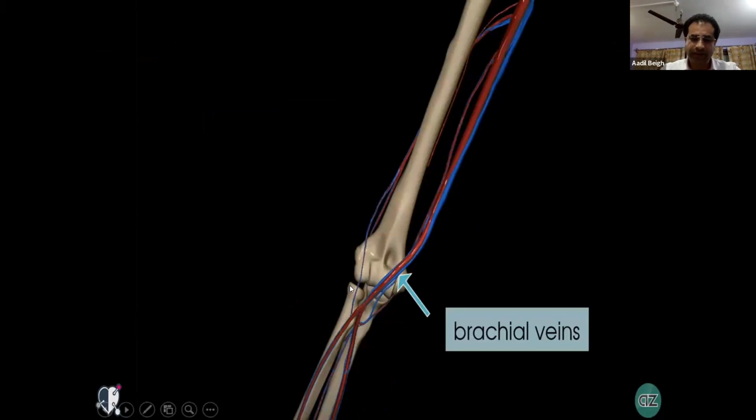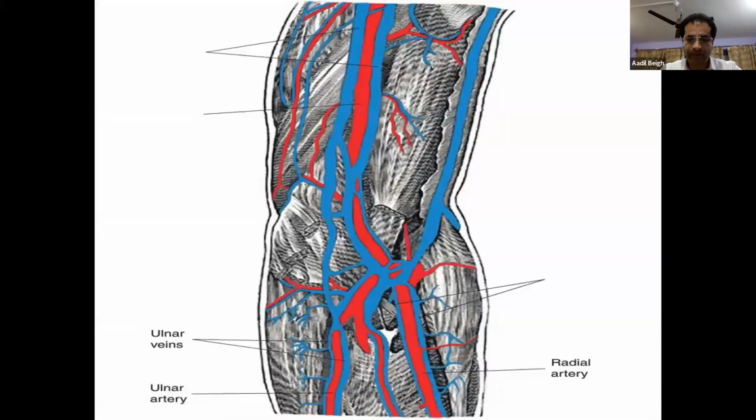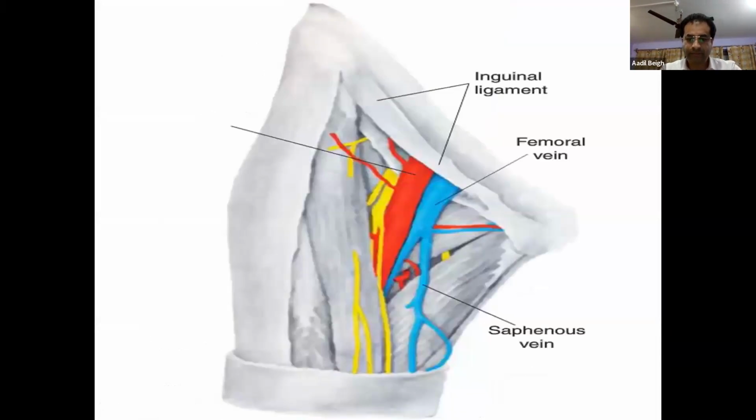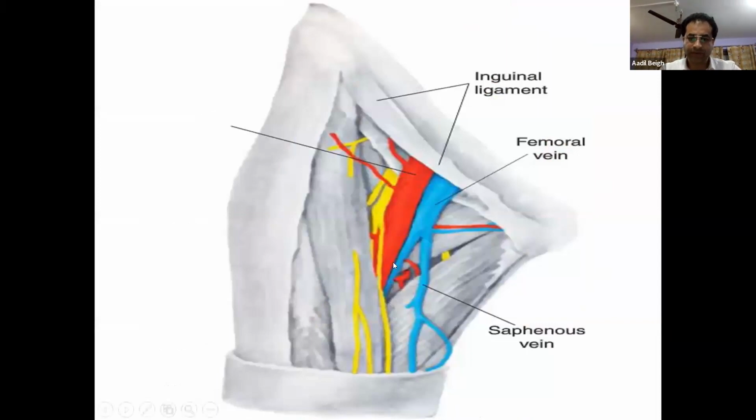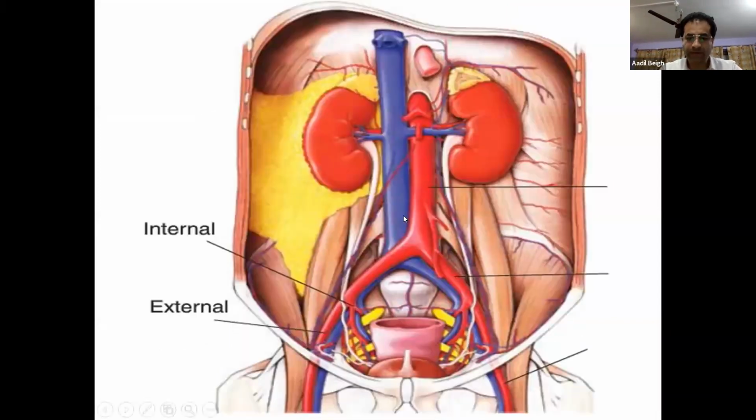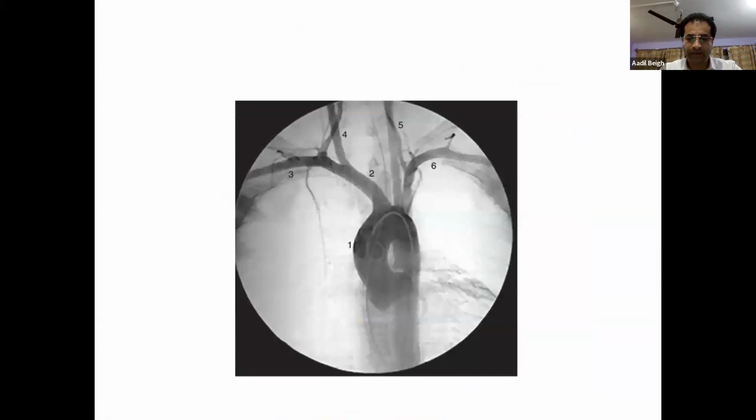So there's a connection between deep and superficial veins by the connecting veins at the cubital fossa. These are the brachial veins, a pair of brachial veins, which run along the artery till it joins the basilic vein and forms the axillary vein. There are femoral veins. We are not discussing those veins at this time.